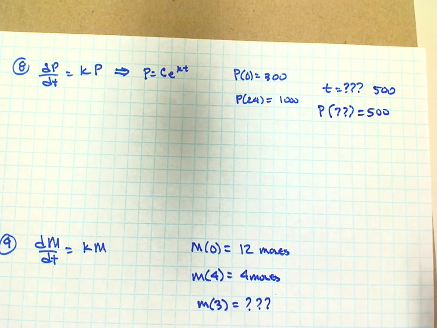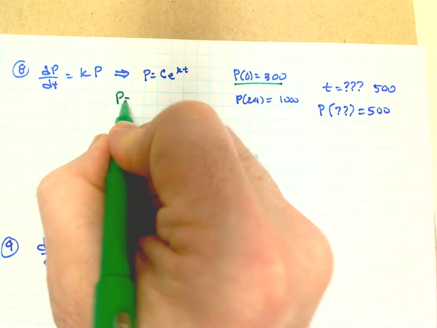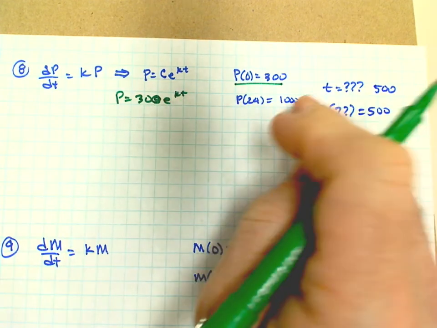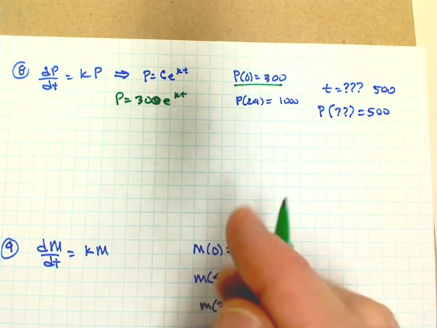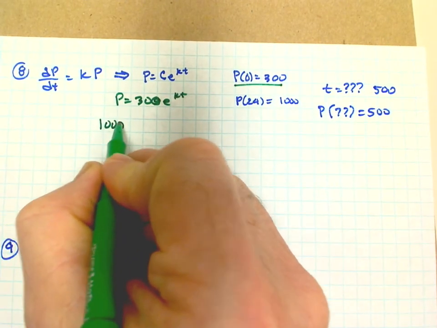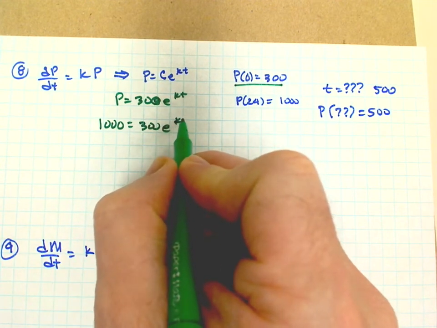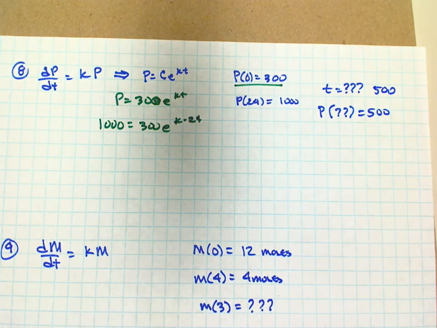All right, so you can see initial conditions, P equals 300 e to the kt. We're given a value at 24. We'll use that to solve for k. 1,000 equals 300 e to the k times 24. Almost wrote t there.